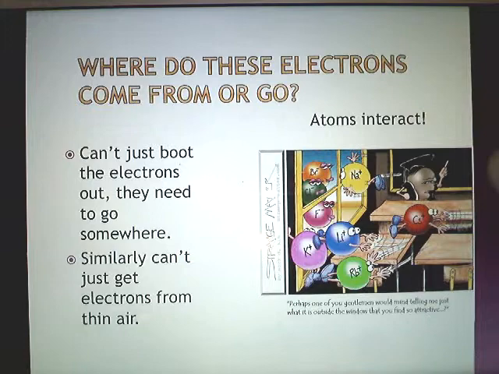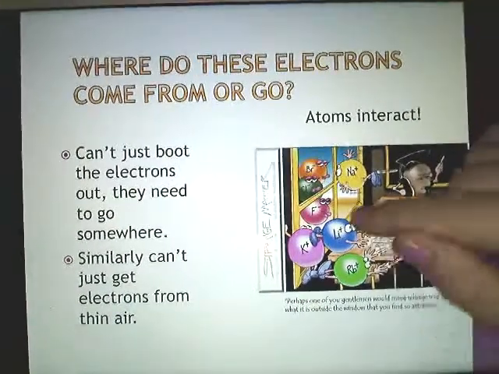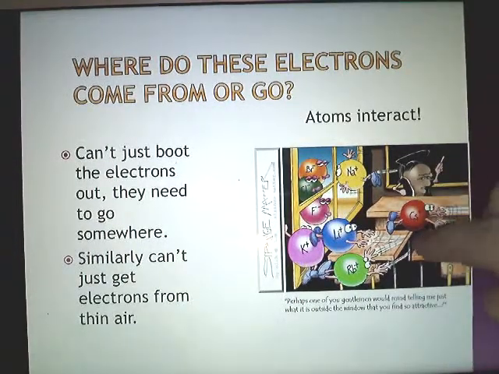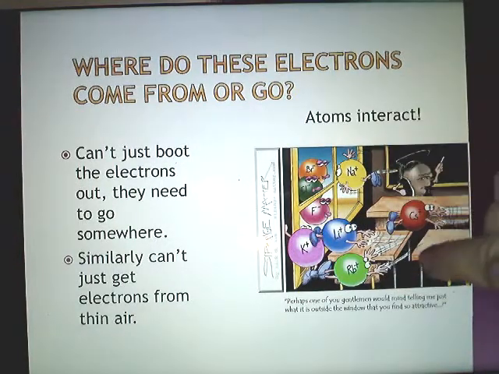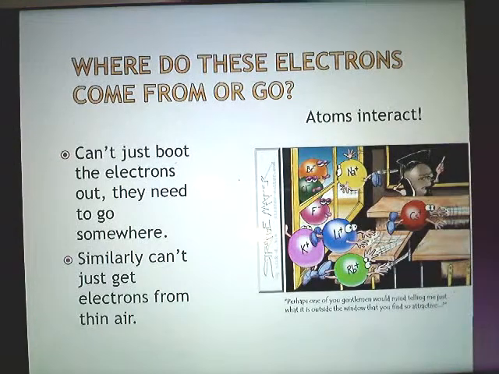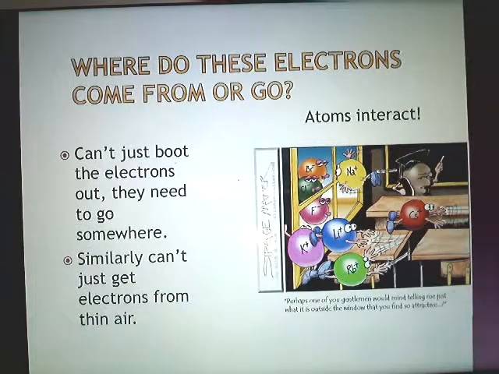And the answer is the atoms actually interact. So this is a little funny joke. It says, perhaps one of you gentlemen might tell me just what is outside the window that you find so attractive. And it's actually positive ions inside attracted to the negative outside via a beautiful electrostatic attraction.